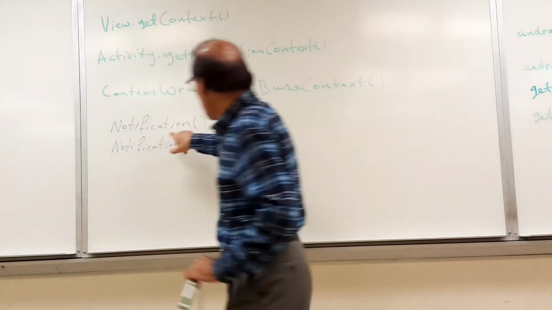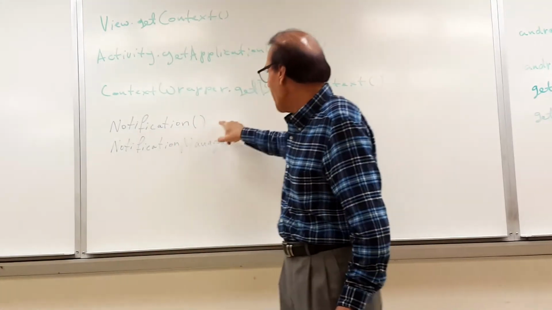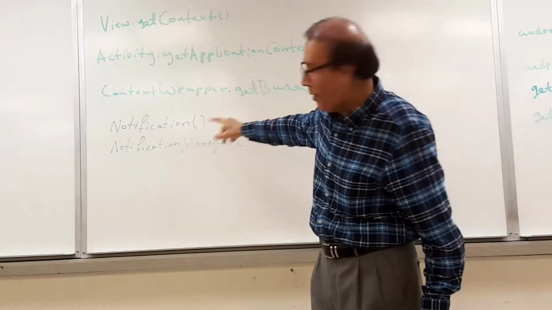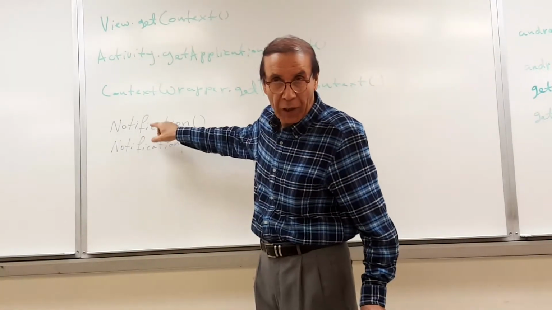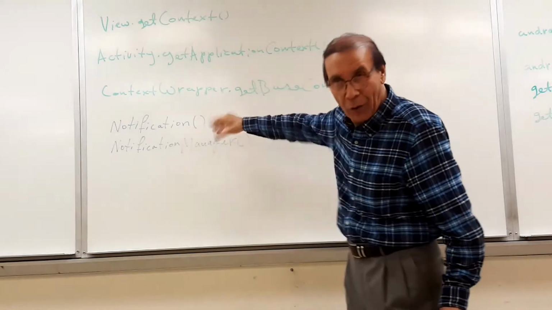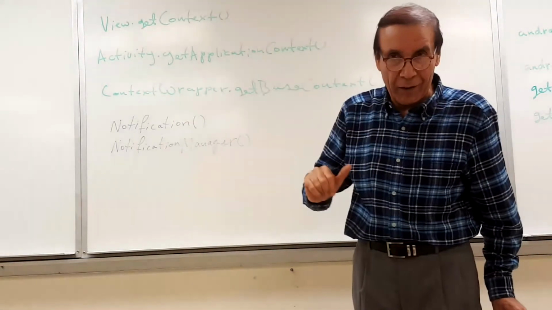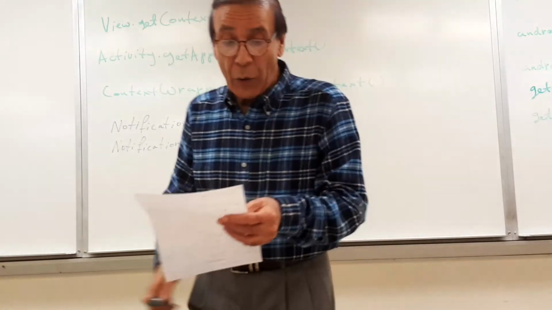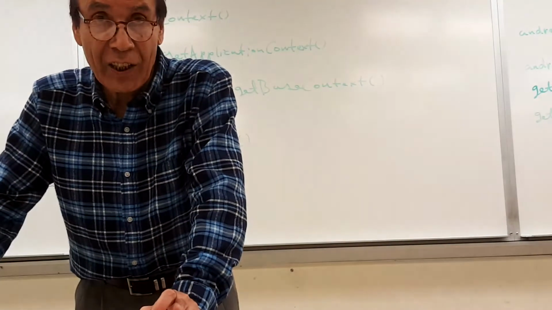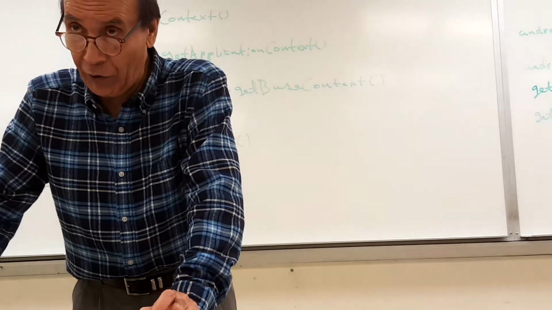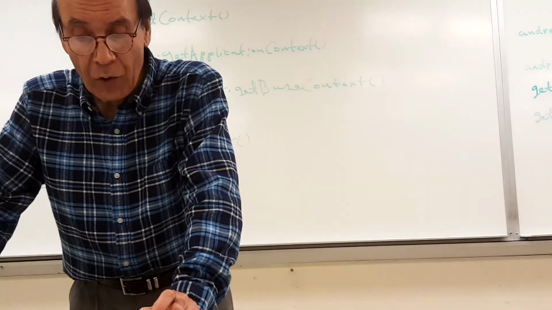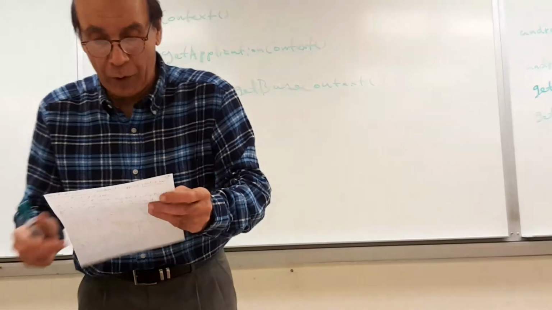To create a notification is very simple. Notification n equals new Notification. It's pretty simple, right? Because we have a constructor for that. But to create the notification manager, we do not have a constructor. We have a factory method. Let me tell you how we are doing that.